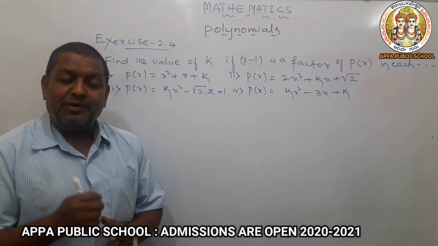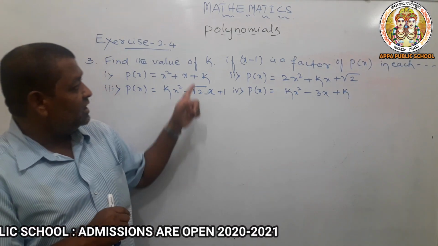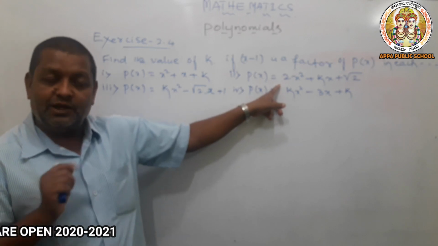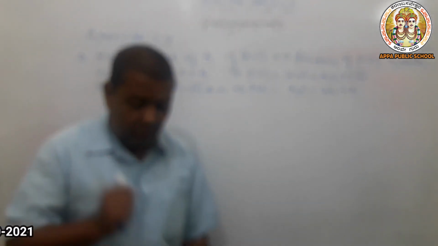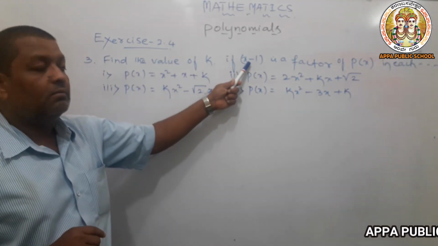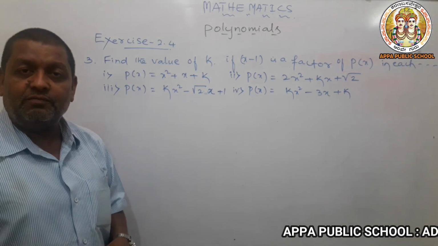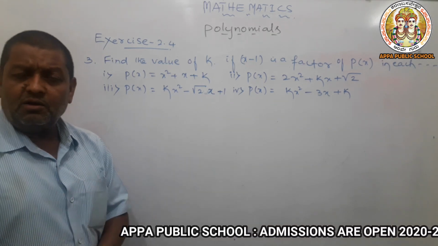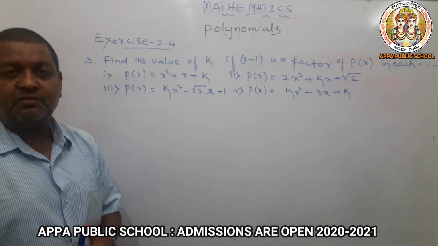We took the x value and substituted it in the given polynomial. If we got remainder 0, then only the given linear polynomial is a factor of that. If the remainder is not 0, then no, it is not a factor.